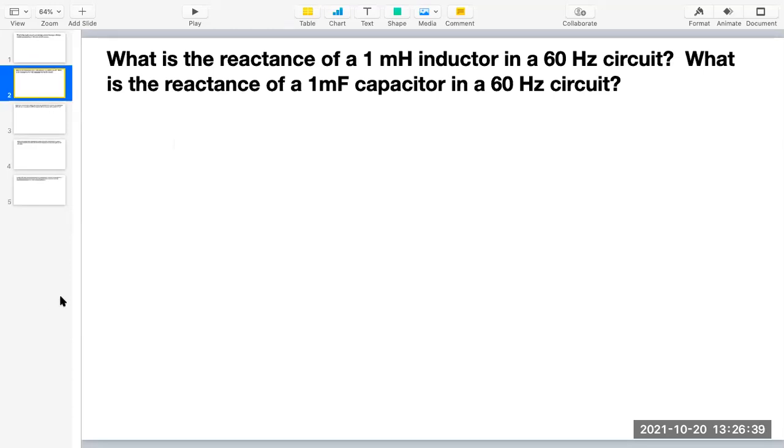All right. So our inductive reactance: angular frequency times inductance, 2 pi times our frequency times our inductance.